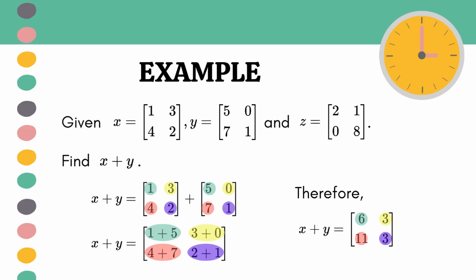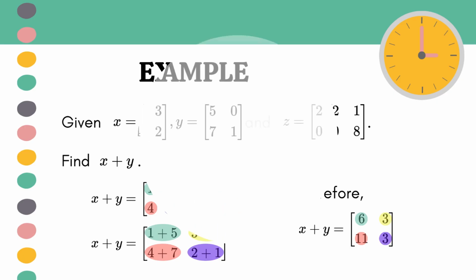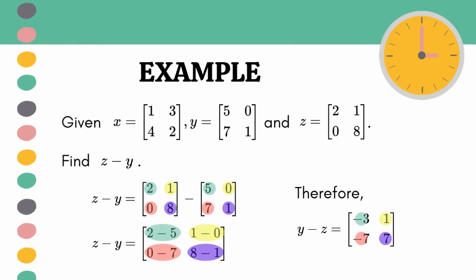This one is for addition of matrices. Here is an example of matrix subtraction. We subtract 2 matrices by subtracting each element in the same position. Remember, this can only be done if both matrices have the same order.